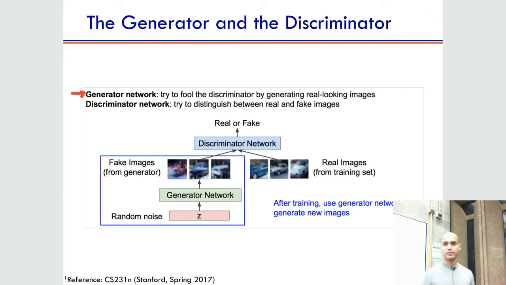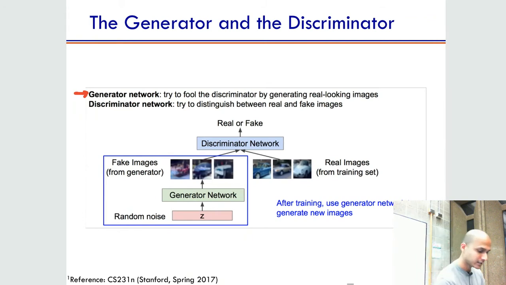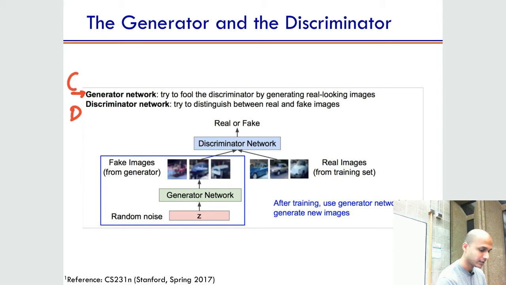What does it mean by trying to fool? Remember, the D function has to evaluate to 0 for things which are not in my training data. But the G network is trying to generate examples which look like training data, and therefore D is going to get fooled and will evaluate to 1.